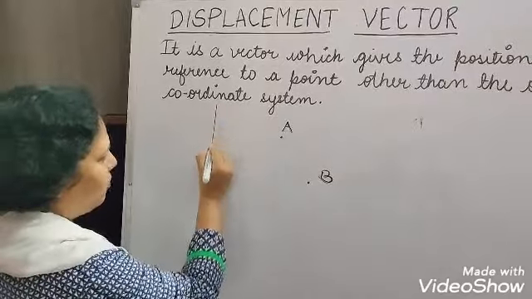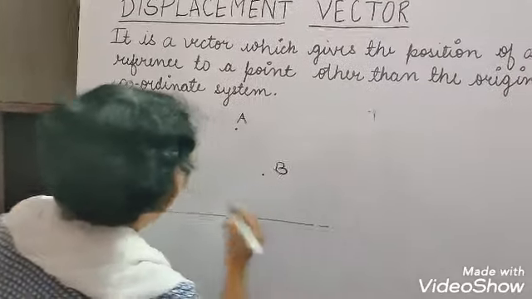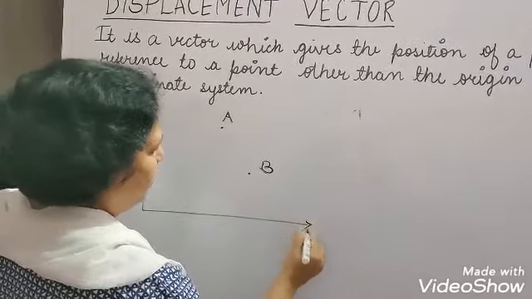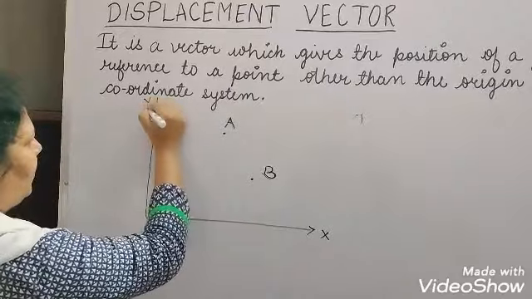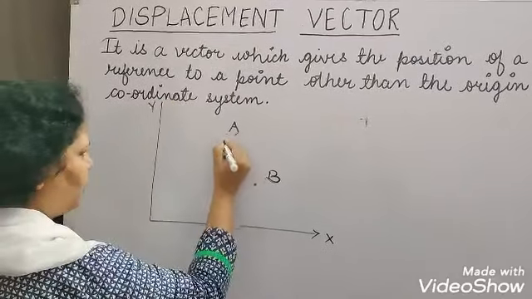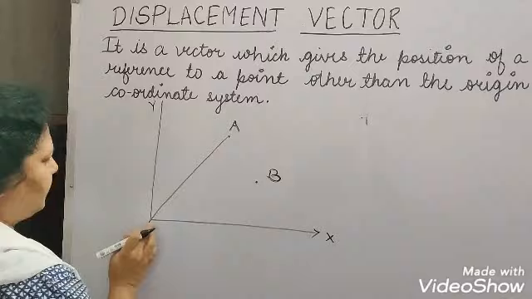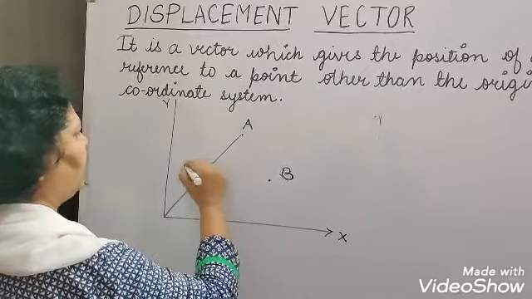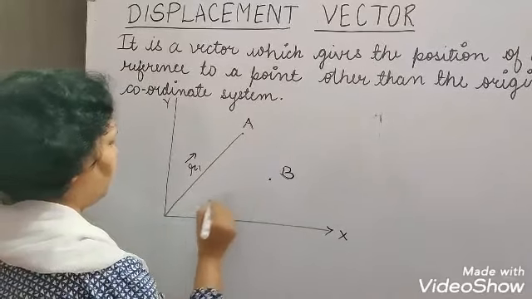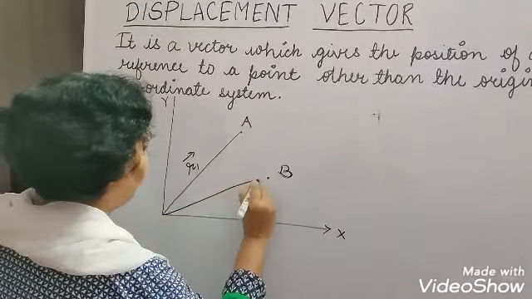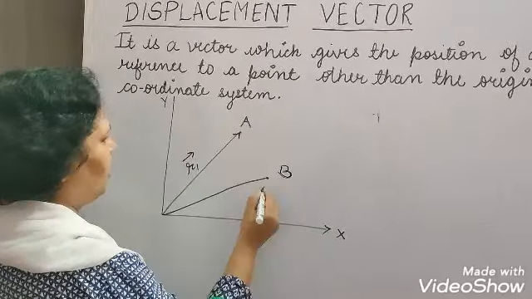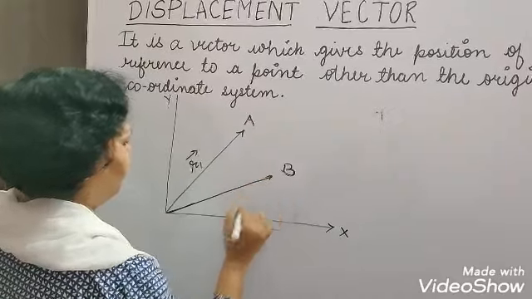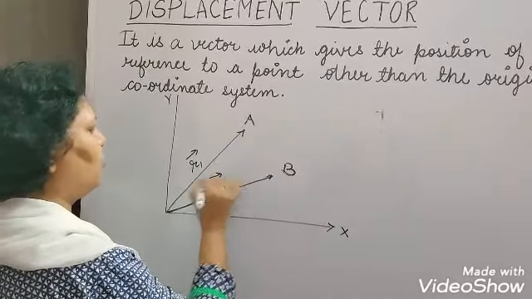Okay, now you can see here, we'll just draw a frame of reference. That means a Cartesian plane, x and y. The position vector of A, suppose it is r1. The position vector of B, suppose it is r2.